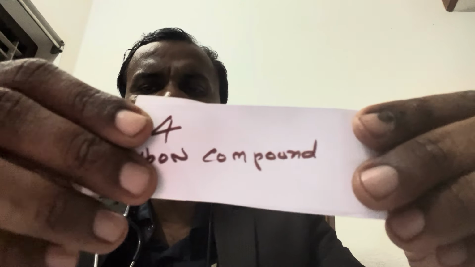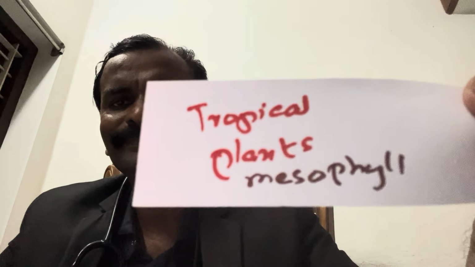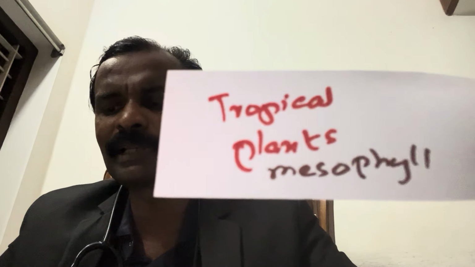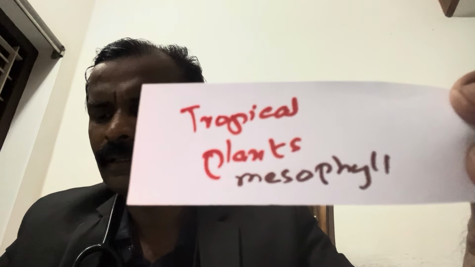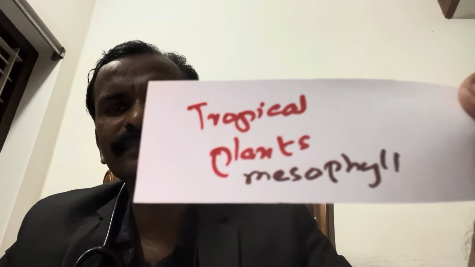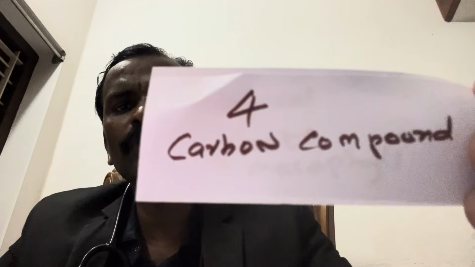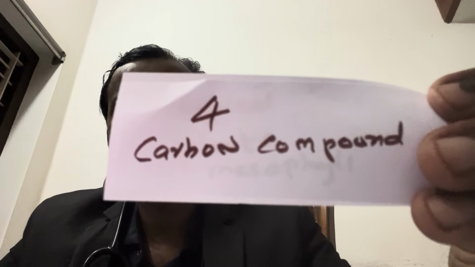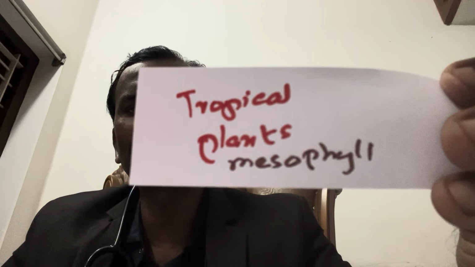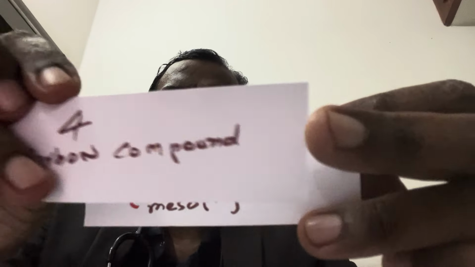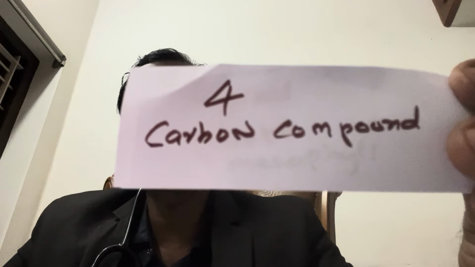Tropical plant mesophyll has 4 carbon compounds. Memorize it, okay? The question is about 4 carbon compounds in tropical plant mesophyll.